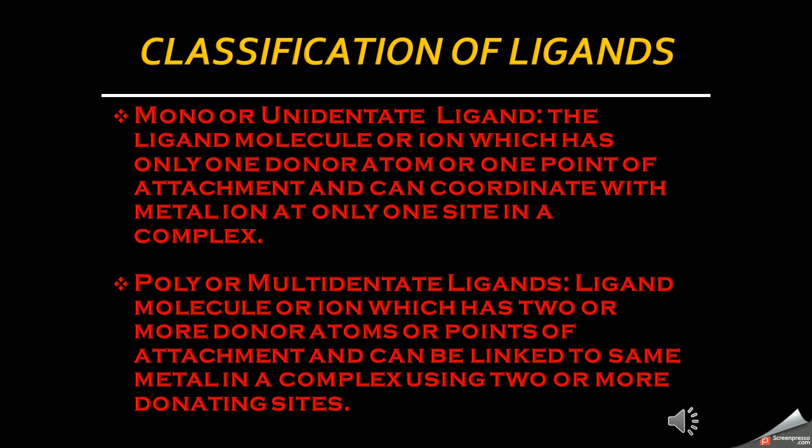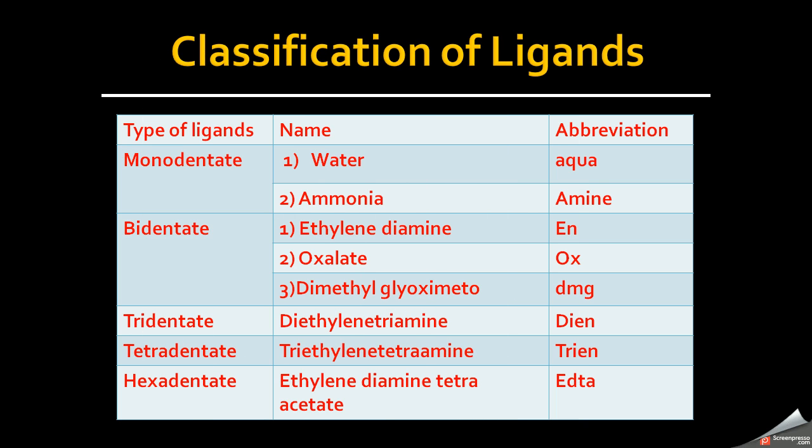Here en means ethylenediamine, then EDTA, ethylenediaminetetraacetate ion. These are some examples of polydentate ligands.